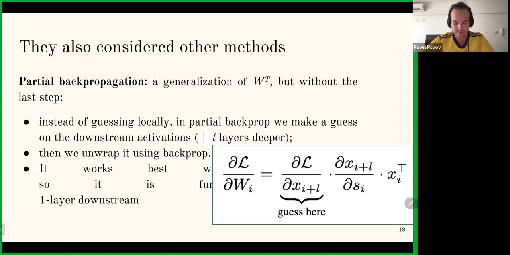So partial backpropagation also makes guesses like W transposed.